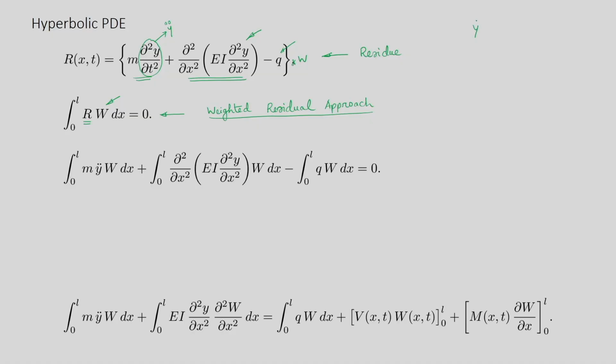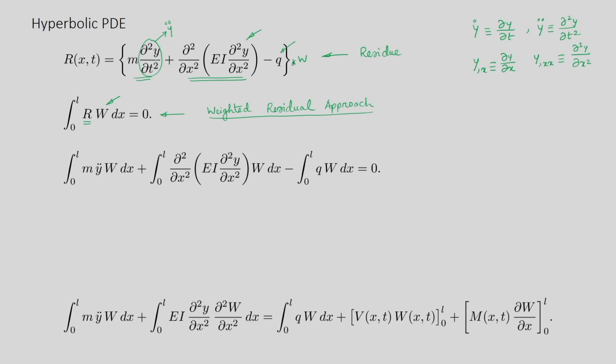So let me tell you that y double dot represents del 2 y del t square, then y comma x is basically del y del x, and y comma xx is basically del 2 y del x square.